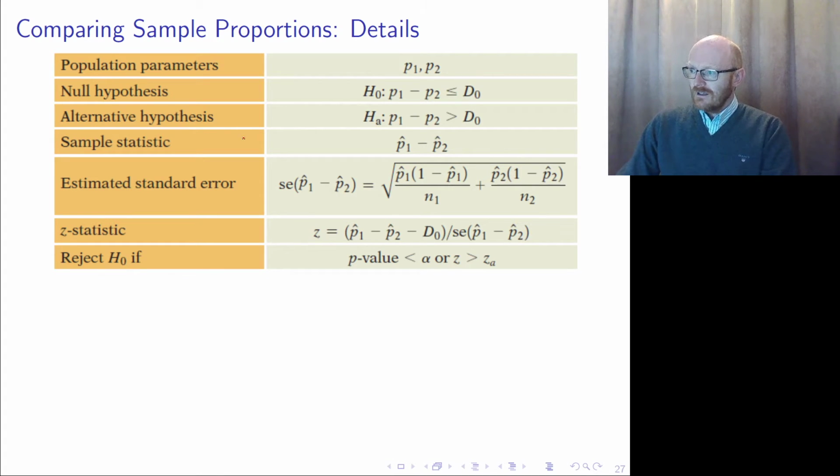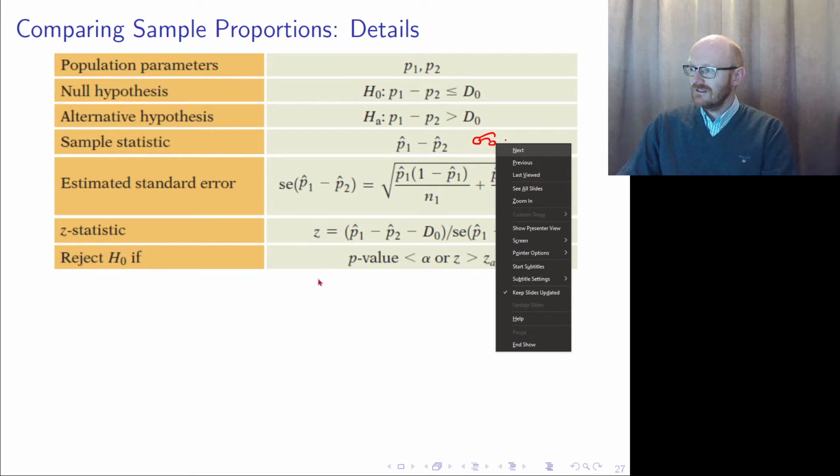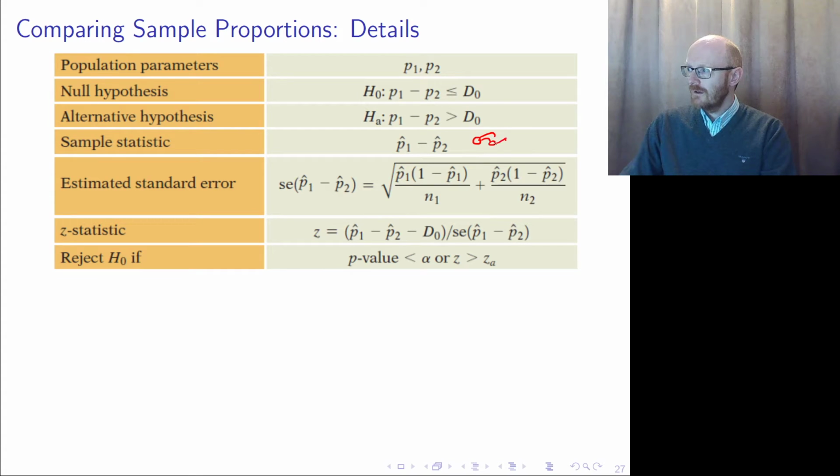But what you can observe is this. So these P1 hat and P2 hat are the sample proportions. These you can actually observe because you can just look at your data, and if the specific data row contains 1, then it's a hit.